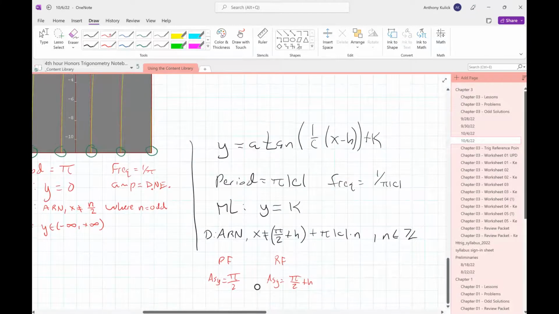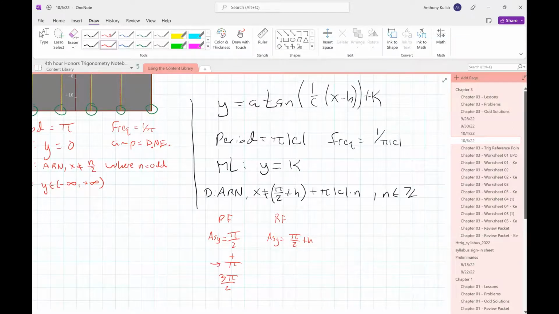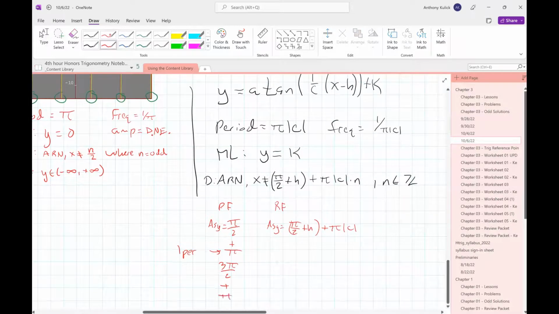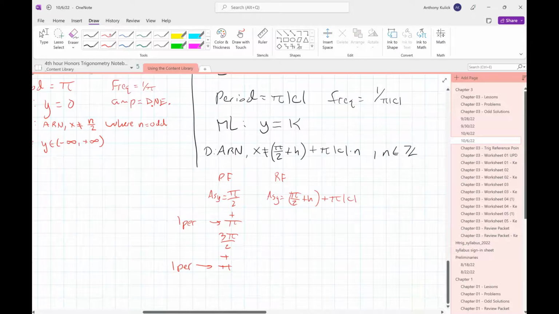In the parent function, the next asymptote would occur pi away at 3 pi over 2, correct? That's one period. Here, though, the period is possibly transformed, right? So it's going to be plus the new period, pi over c. And every time I add a period, I would get a new asymptote, right?